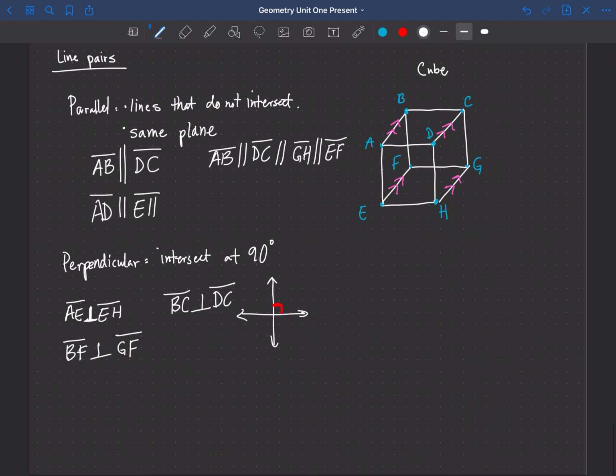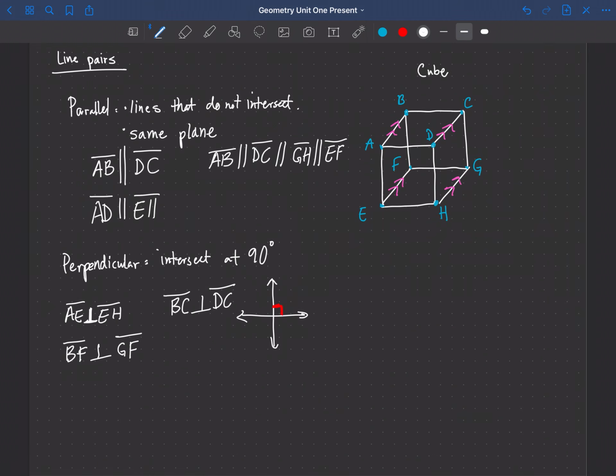Okay. Finally, we have skew. Now, skew is similar to parallel, but the one key difference is that the lines are not on the same plane. So skew lines are lines that do not intersect, but they are on different planes.